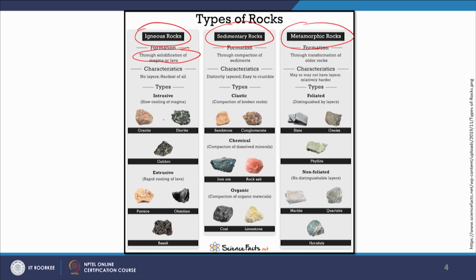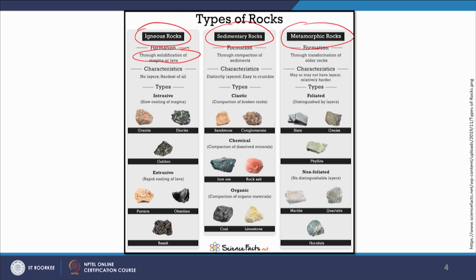Characteristically, they are hard, but normally they will not have layers, but individual flows. So they are not called bedding planes, but flows. And I can also share that some geologists have identified about 40 flows of Deccan basalt in India.